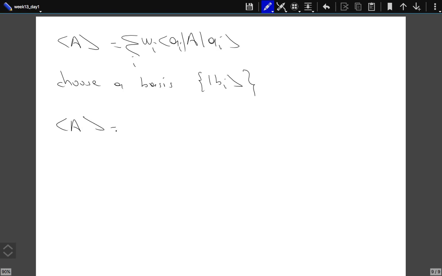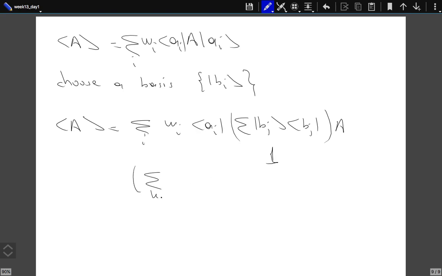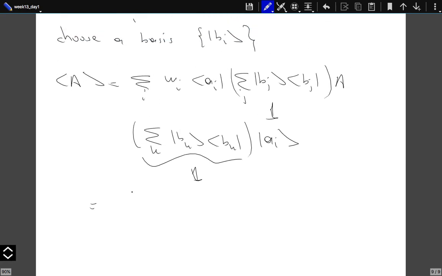Now this average becomes sum over i of omega_i <A_i|B_j><B_j|, this is one, then I have A, then I have sum over K, |B_k><B_k|, this is again 1, times |A_i>. This is equal to a sum over, let's say, J and K. I'm just moving this sum over J and K outside.